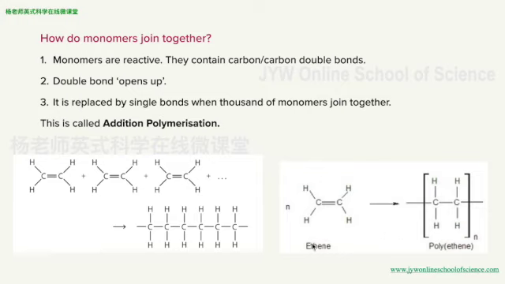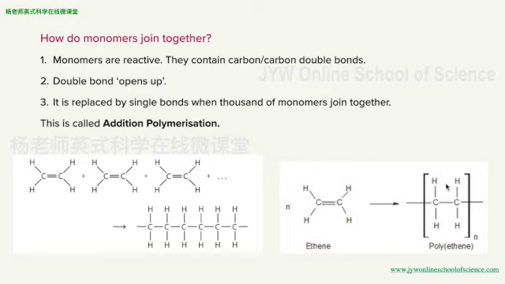So you have an ethene monomer. Here you have an n, which means you have n numbers of these small molecules. When you join them together, the double bond opens up into a single bond, and then they join with the next monomer. Because it's repeating itself, we have this repeating unit.